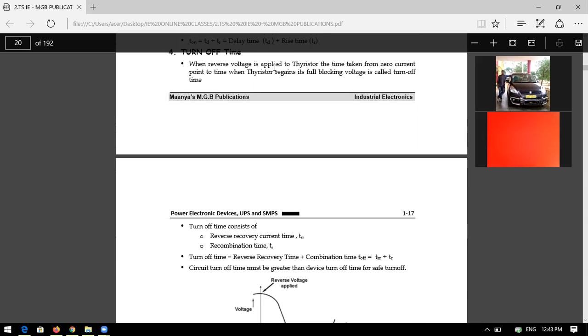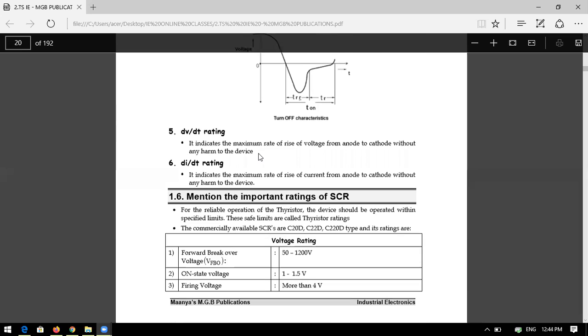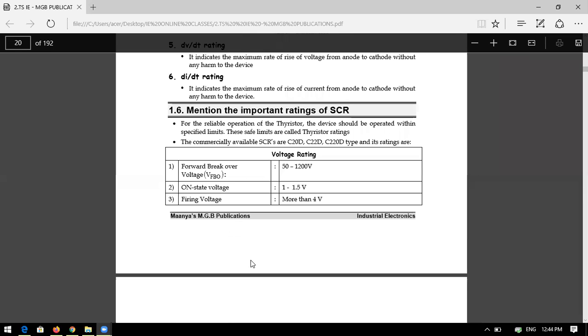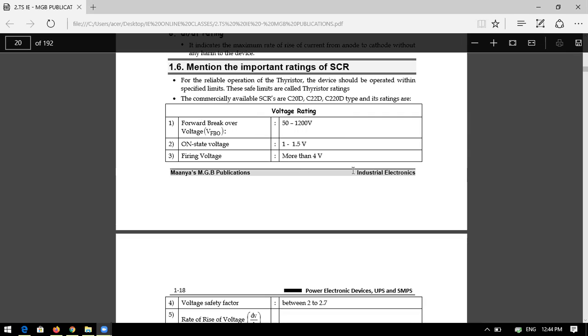There are also some temperature ratings, so you can see in this tabular form the important ratings of SCR. You should operate the SCR within the safe limits. What are the safe limits?